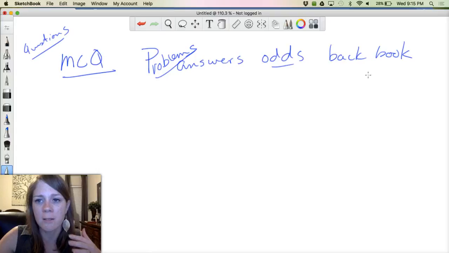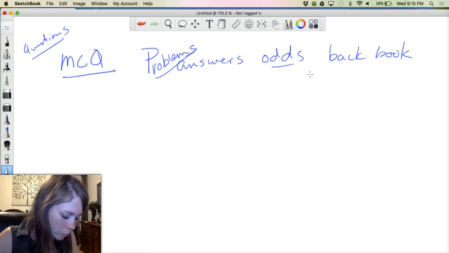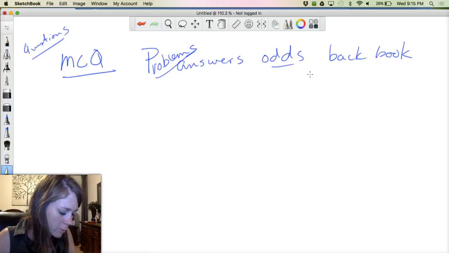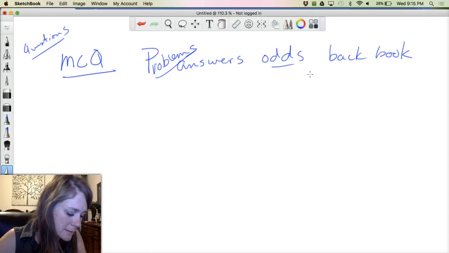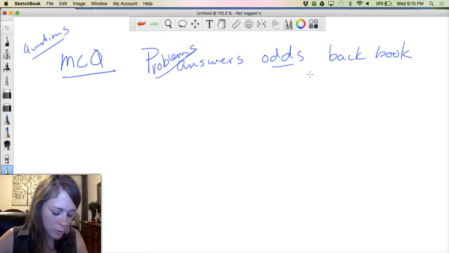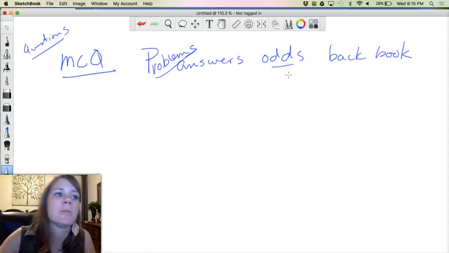The answers to the odds of those are in the back of the book if you're looking for extra work. Of course, finish up the packet. I don't have any extra problems for you guys to work. I might be able to scrounge up a few things if you're looking for more work, okay?